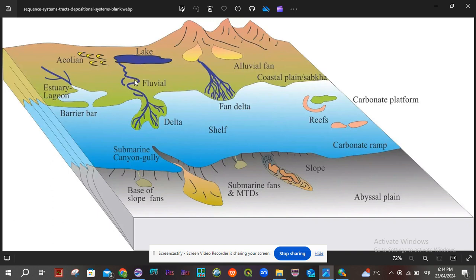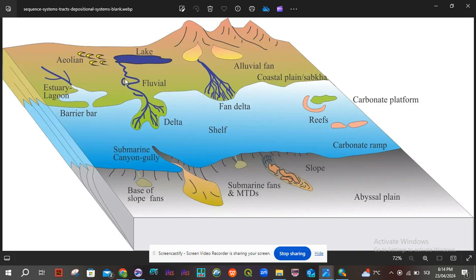In this case, mostly we have heterogeneity in the channel closer to the point bar deposit, because we have high energy here. As the river drops some sediment, it moves forward, and this is the old channel.